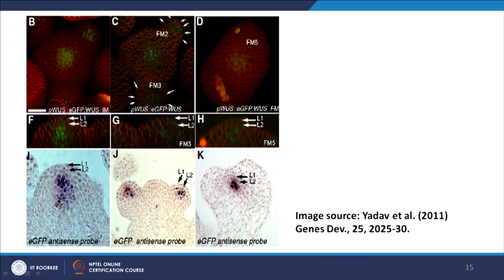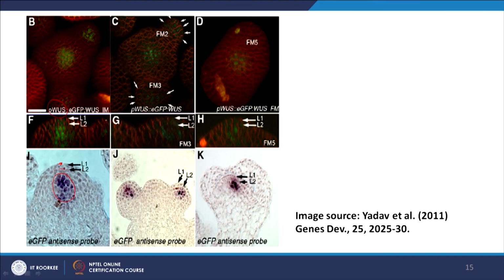You will always see that WUSCHEL is expressed somewhere in this domain, but not in the L1 and L2 layers. This is the inflorescence meristem, this is the floral meristem. In all cases you can see that the L1 and L2 layers do not have RNA, which means that transcription of WUSCHEL is not happening in the L1 and L2 layers.